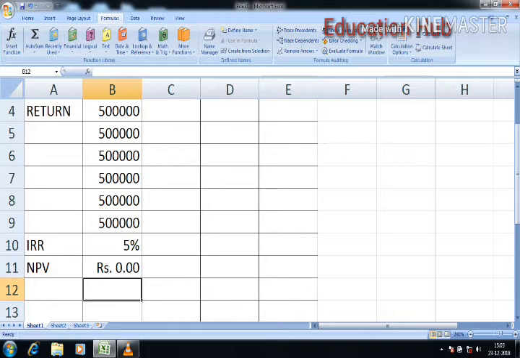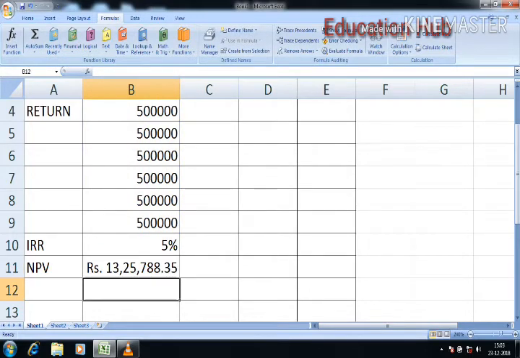And along with that, we can calculate it by using our Formulas option also. Let's try that. I repeat once again, I am showing you the NPV and IRR calculation. Now suppose instead of this I give any other value for the IRR.